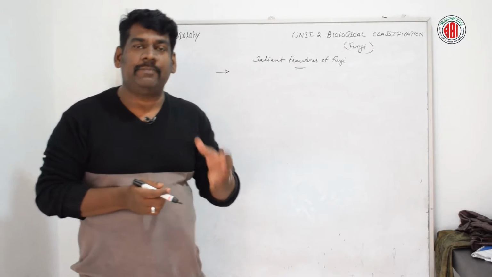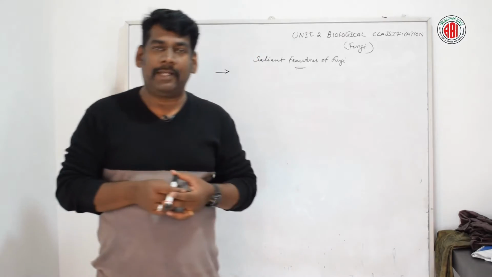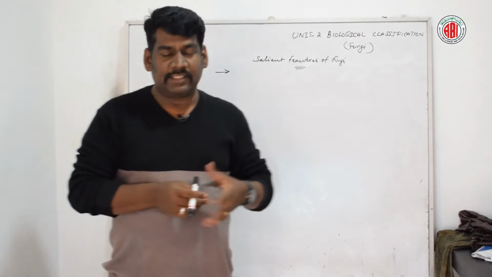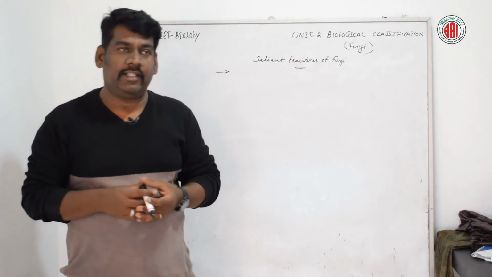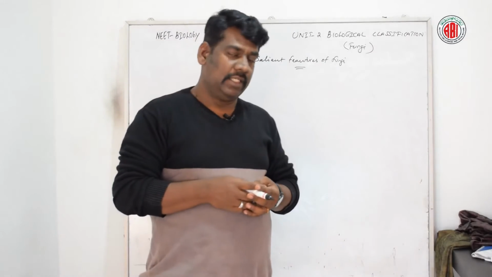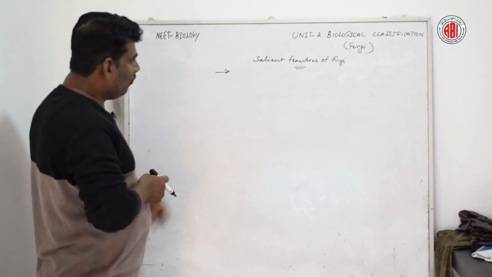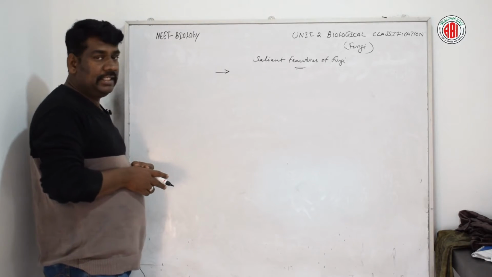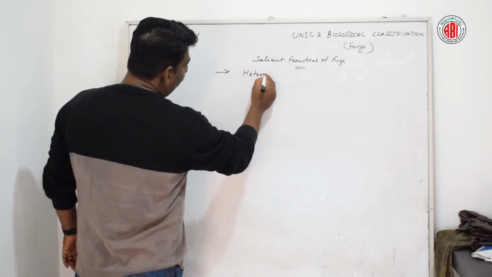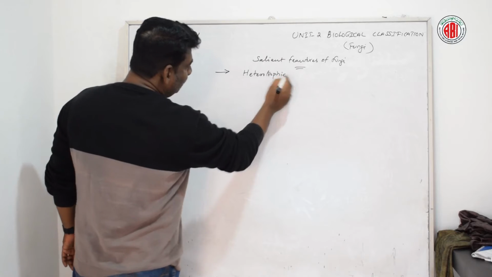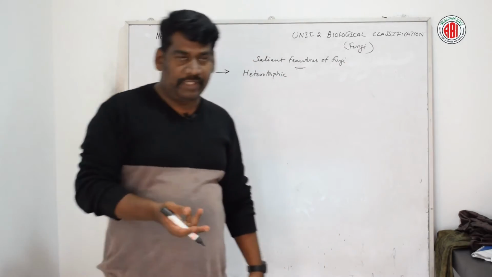Chlorophyll is the most important pigment present in green plants, especially algae and cyanobacteria, and helps in photosynthesis, the autotrophic mode of nutrition. So the first and foremost characteristic of fungi is that they are heterotrophic, because they depend on other organisms for nutrition.